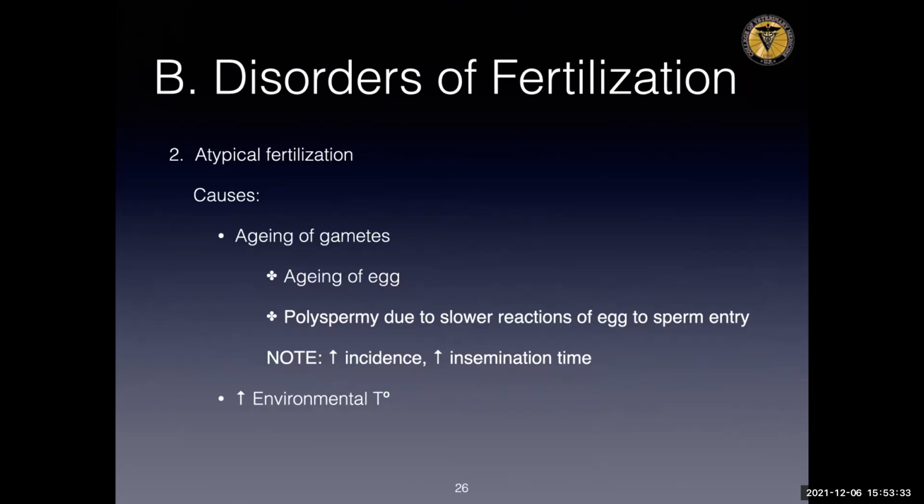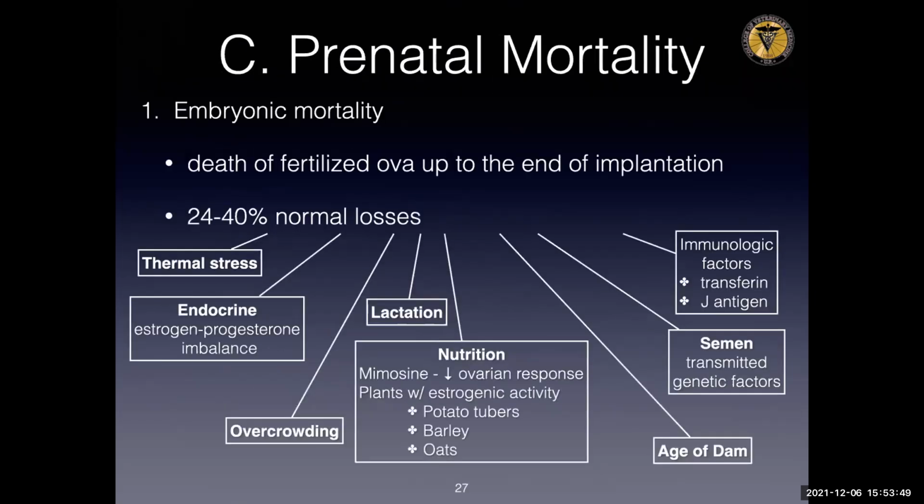But this is not necessarily all the time, because we have twins even in younger animals, right? So this is just one way to look at it if you have polyspermy coming from an old animal.